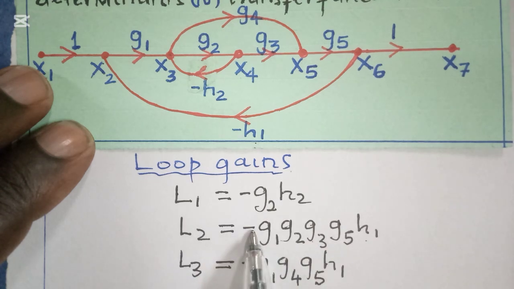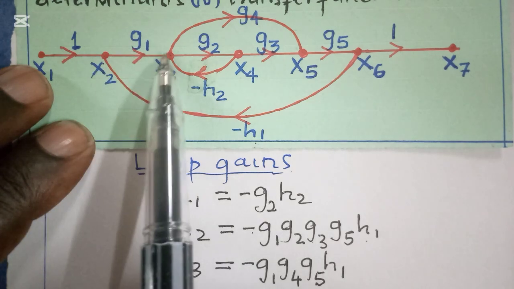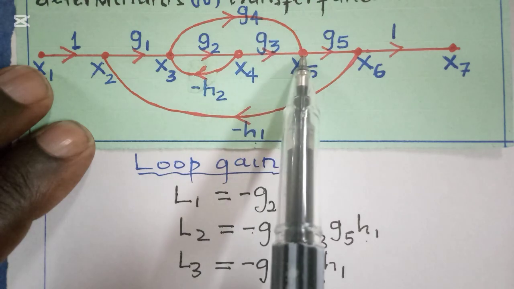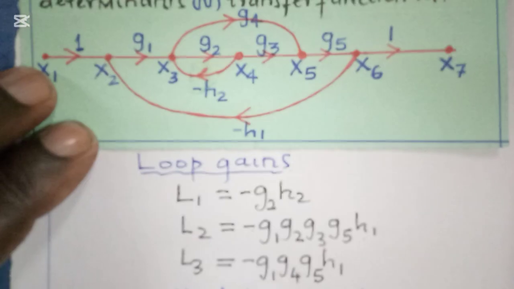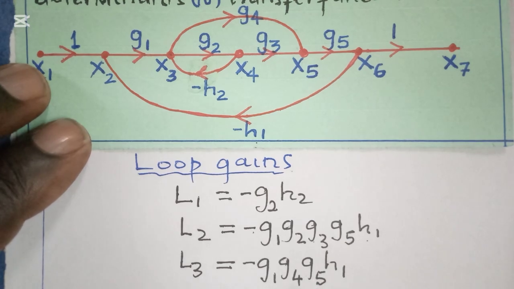Of course, the negative, we put it there. So loop number 3, we have this loop, that is G1. We move to G4, to G5, and to H1 once again. So that is also another loop. And apart from that, guys, I don't see any other loop.